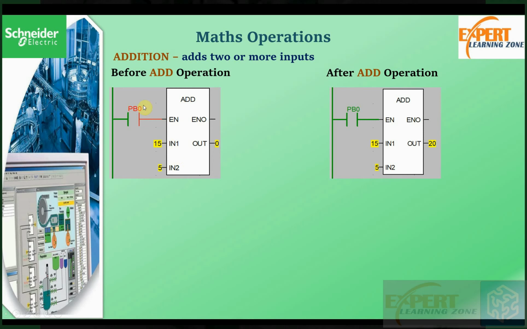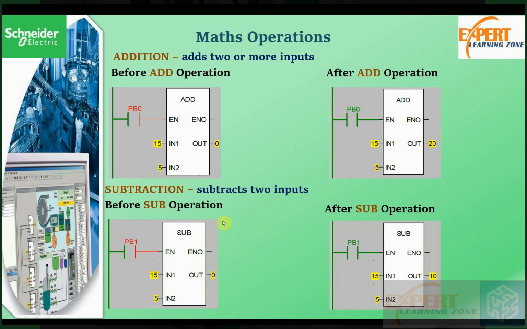And when that logic here, PB0, becomes true, the addition operation is now performed. So 15 is added to 5 and transferred to the output. You can see here our output is 20, and here our output is 0 because the addition operation has not yet been executed.